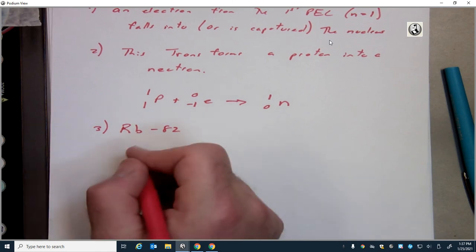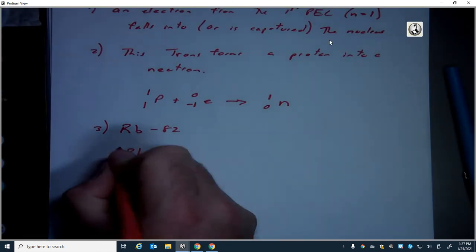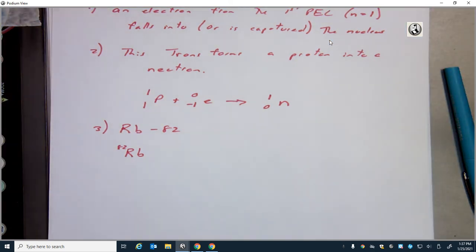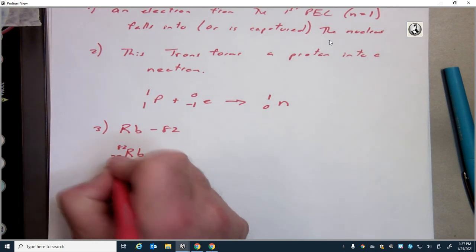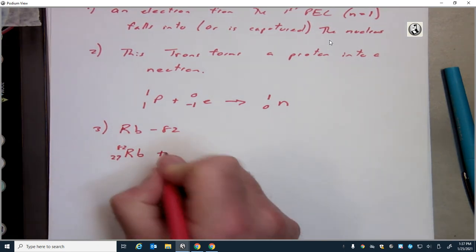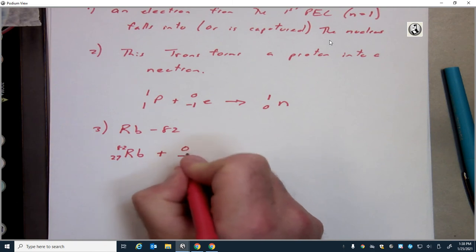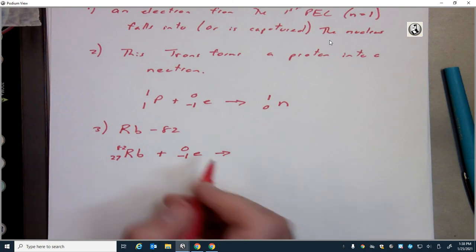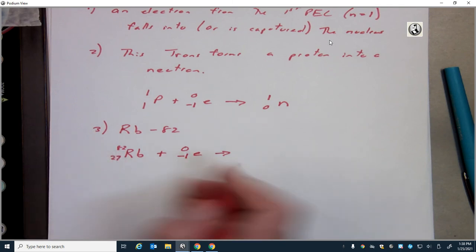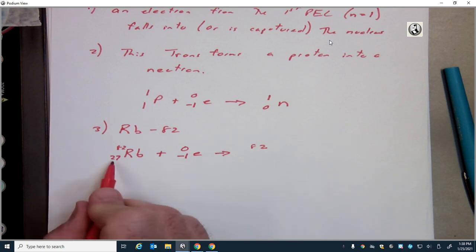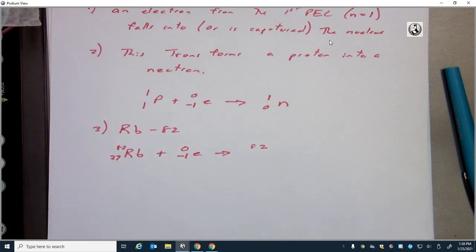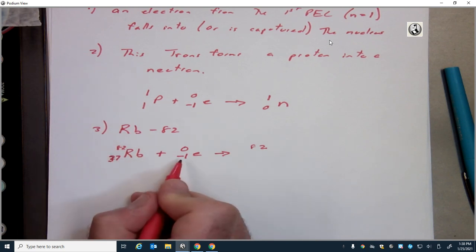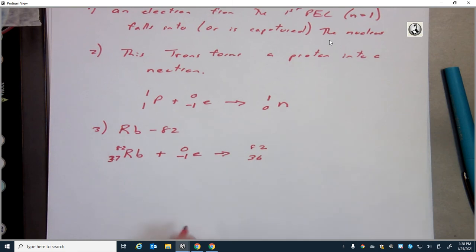So its equation would look something like this. Rb-82 has an atomic number of 37. It captures an electron. 82 plus 0 is 82. 37 plus negative 1 is 36.